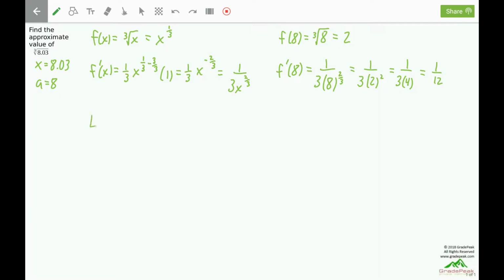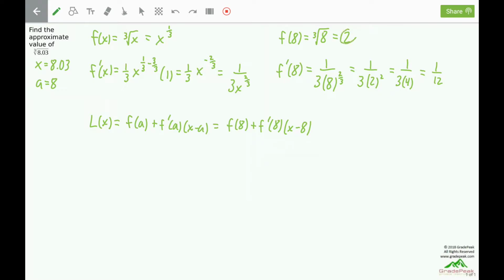The linear approximation formula, L of x, is f of a plus f prime of a times x minus a. A in this problem is an 8, so this can be written as f of 8 plus f prime of 8 times x minus 8.